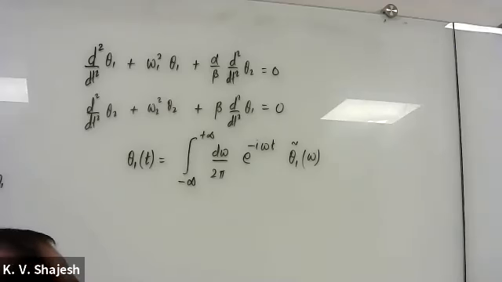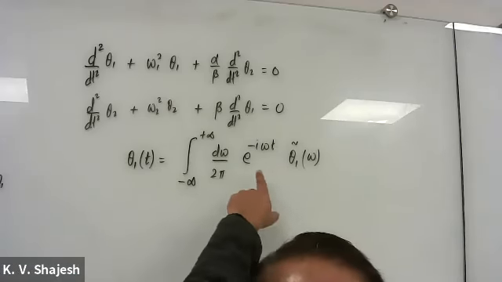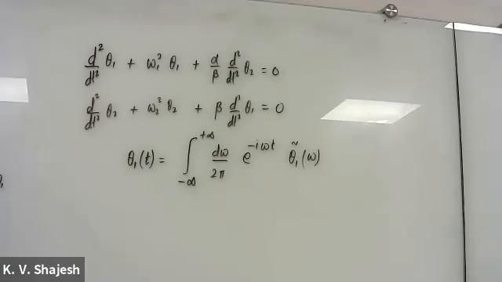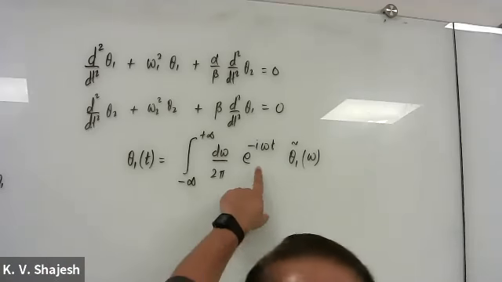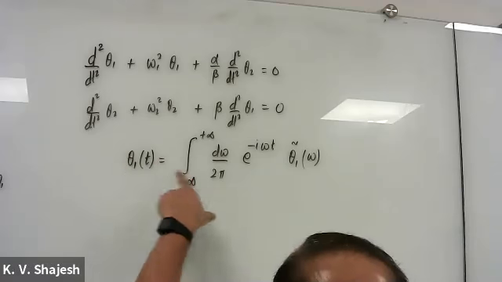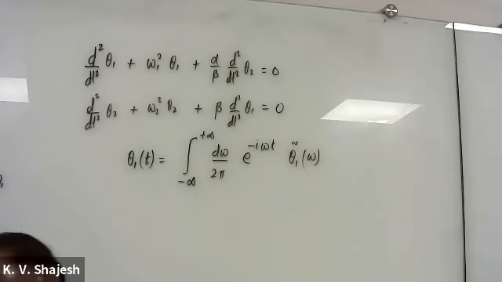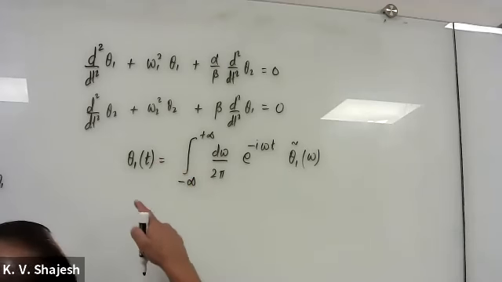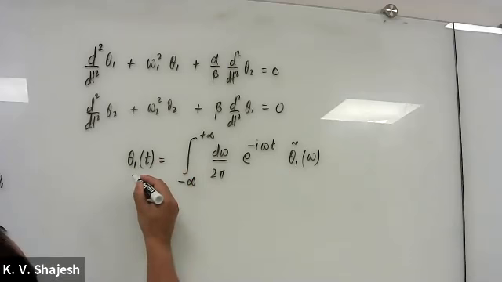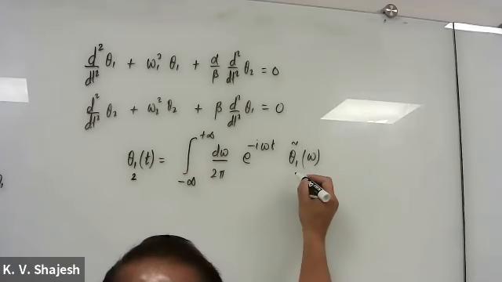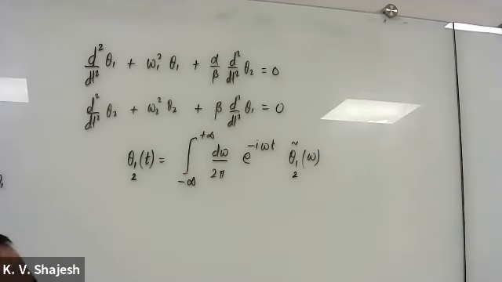If you want, this is breaking your function in terms of sines and cosines. Sometimes we write it as sine, sometimes as exponential. As an expansion, it is convenient to write it as exponential, but it is basically sines and cosines. Remember, exponentials can be broken into sines and cosines. This is for 1 or 2, so the same expression holds for 2 also, so let me not write that down again. It's theta 1 and theta 2.